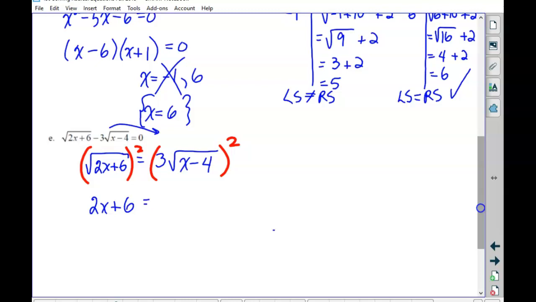Squaring this makes that 9, and then bracket x minus 4. Right, gets rid of the radical. Okay, so now no radicals, we can expand the brackets. It's just a linear equation. And solve for x.